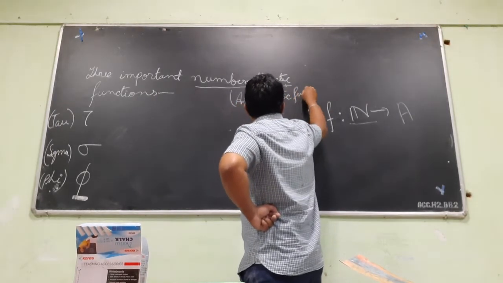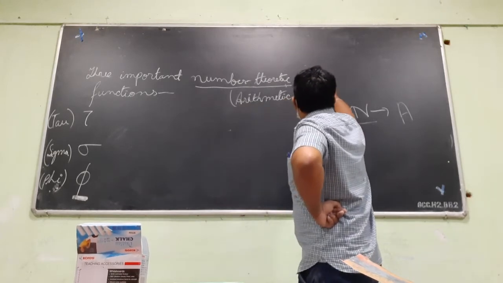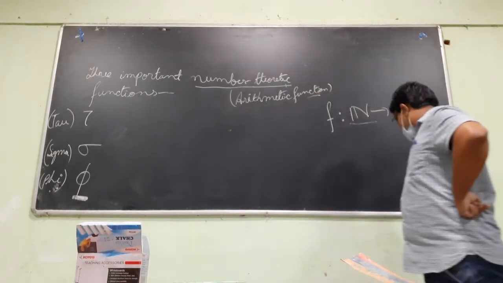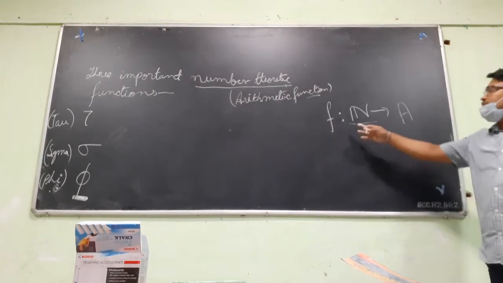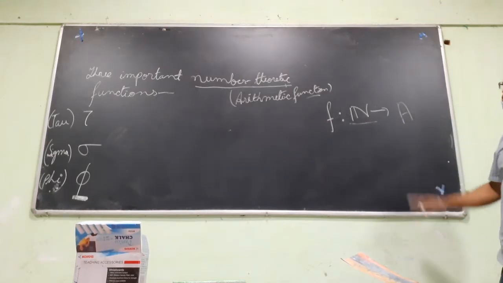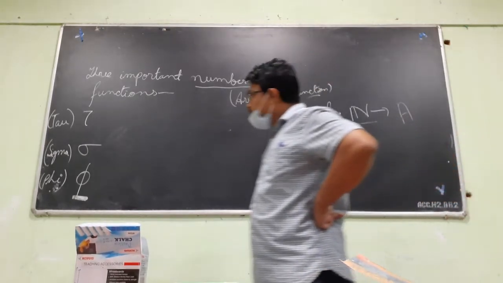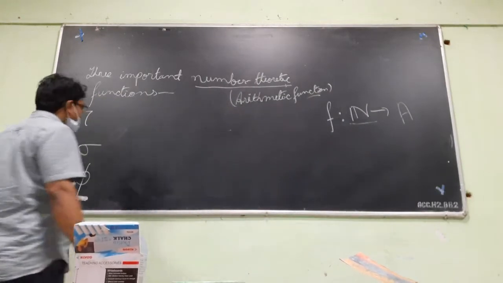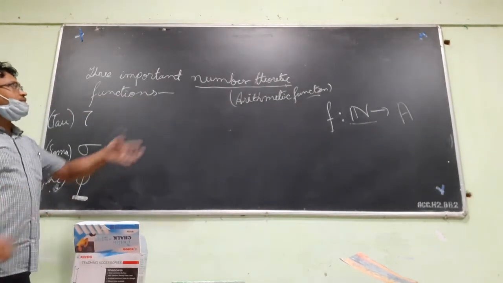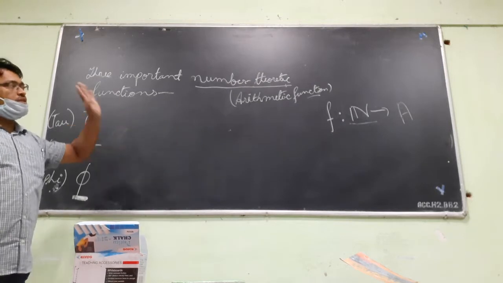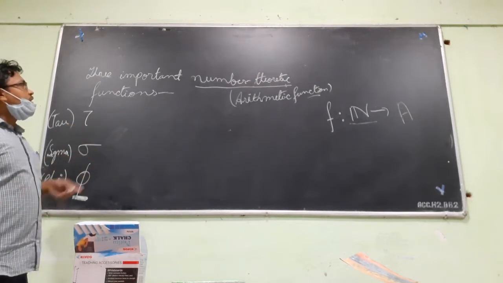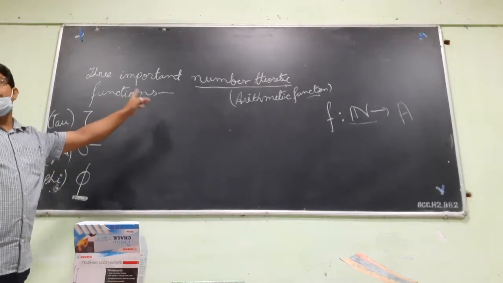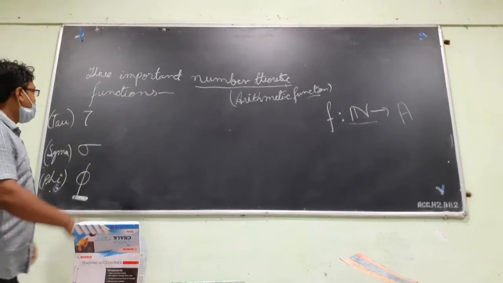In degree classes usually we see a function whose domain is the set of natural numbers is called a sequence. So you can take it as a sequence also, but for the time being we are not interested in the sequence part. In analysis those functions are called sequences, so that is not required for us now. We require the number theoretic aspect, divisibility and everything.